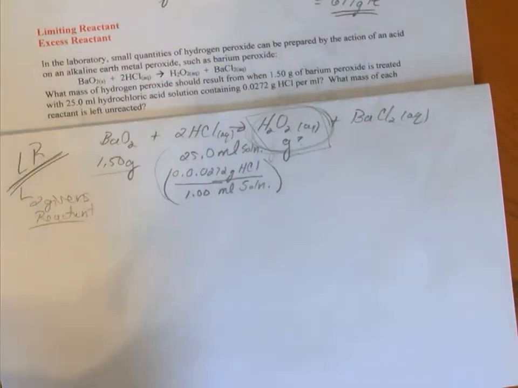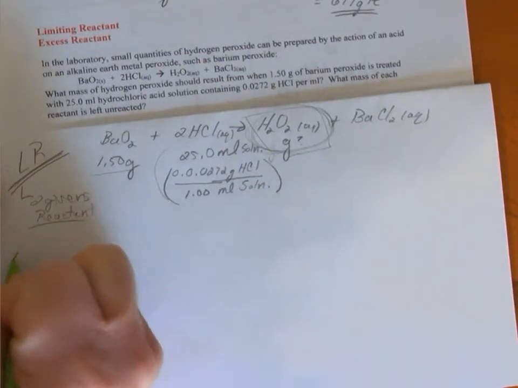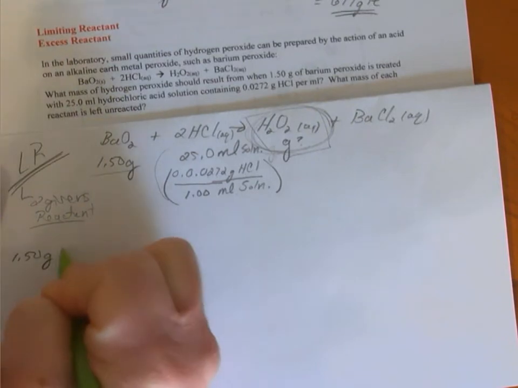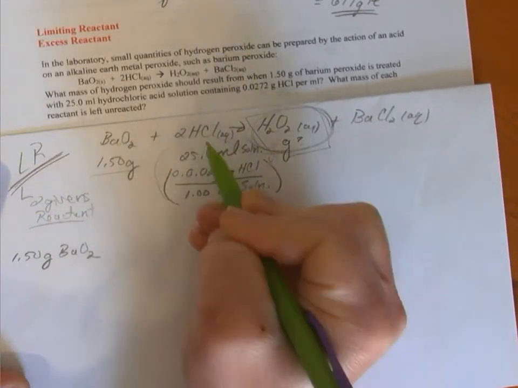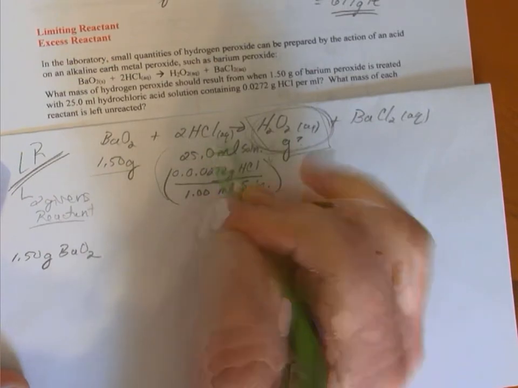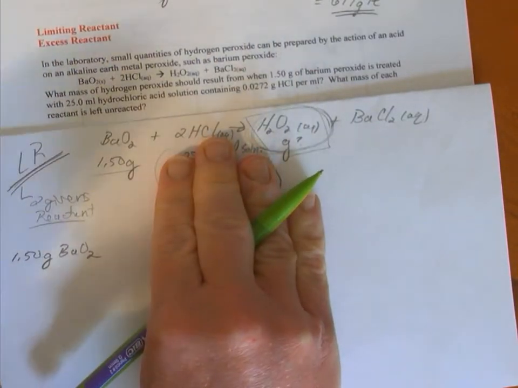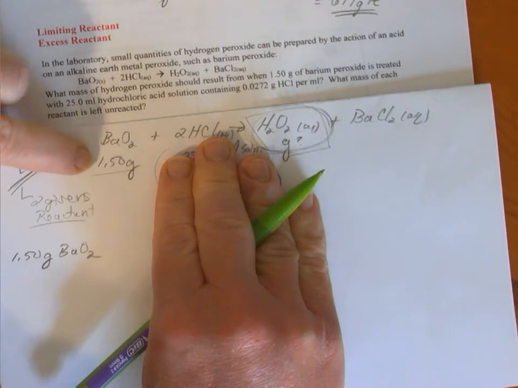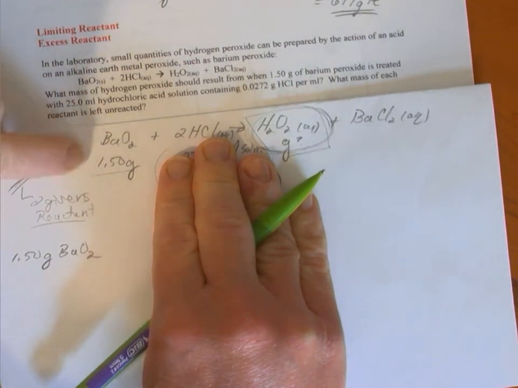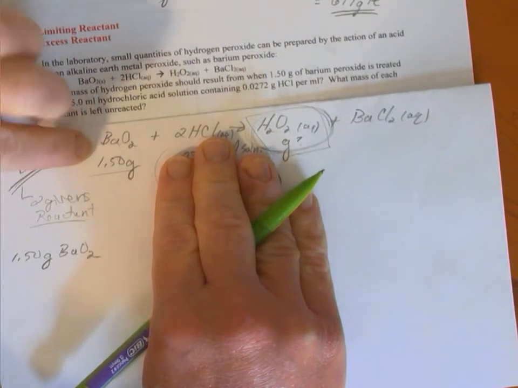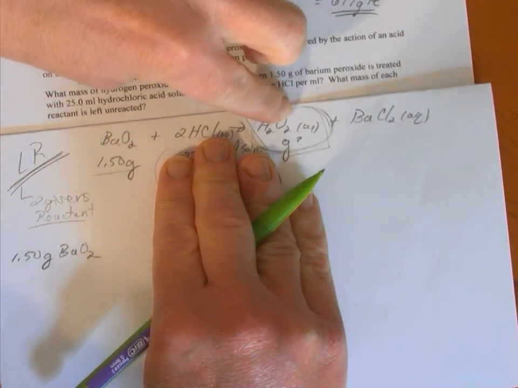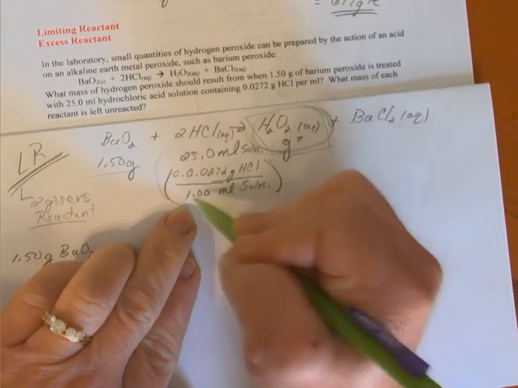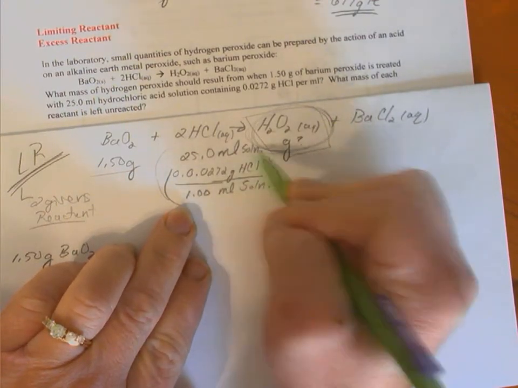So, what I'm going to do is go ahead and start with the amount of each reactant and do a stoich problem one reactant at a time. So I'm going to start with 1.50 grams of barium peroxide and ask, okay, how much hydrogen peroxide will that amount give me? Pretending I have all the HCl that I need.